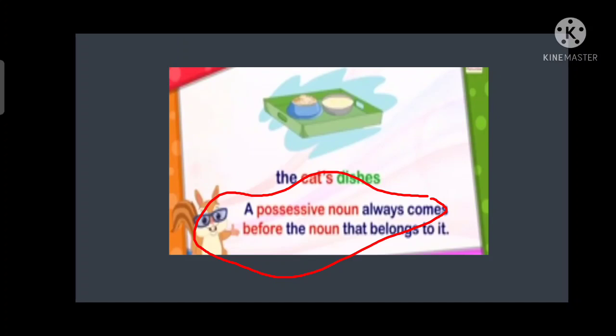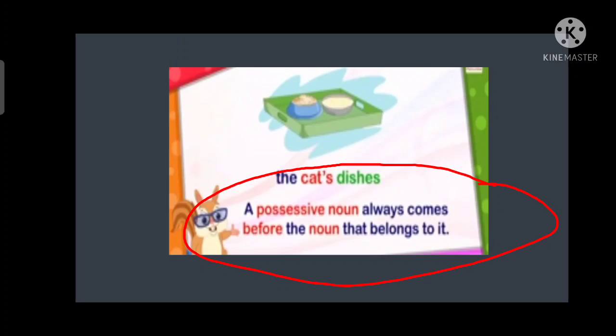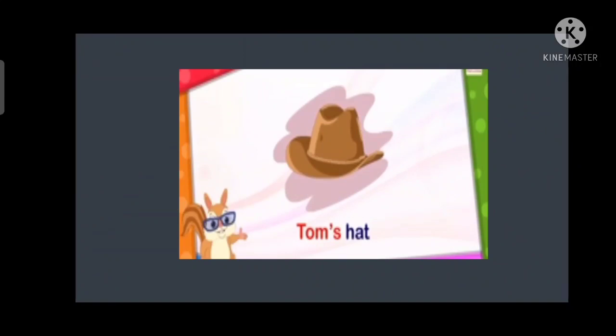Dishes is your object, and cat is the noun here. So before the noun, apostrophe s is given. It means the possessive noun always comes before the noun that belongs to it. Tom's hat.